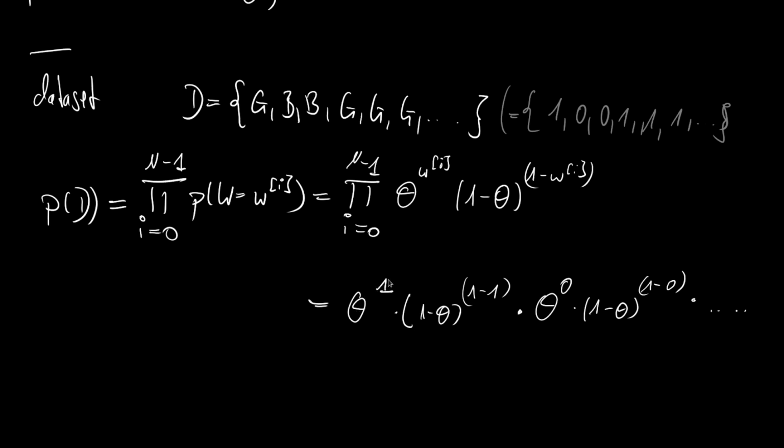And we see theta to the power of 1 is theta, and anything to the power of 0 is 1, so this will add up to theta. And here, theta to the power of 0 is 1, and here this will be 1 minus theta, so we multiply this with 1 minus theta, and so on and so forth.